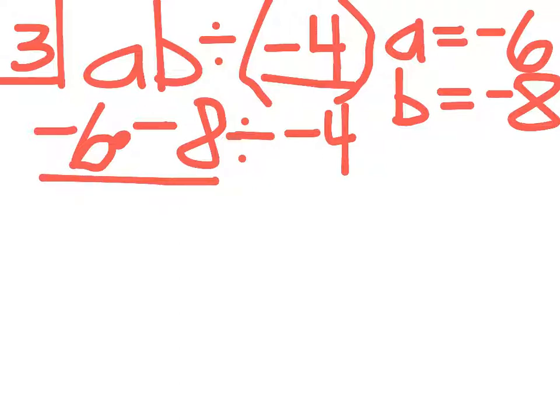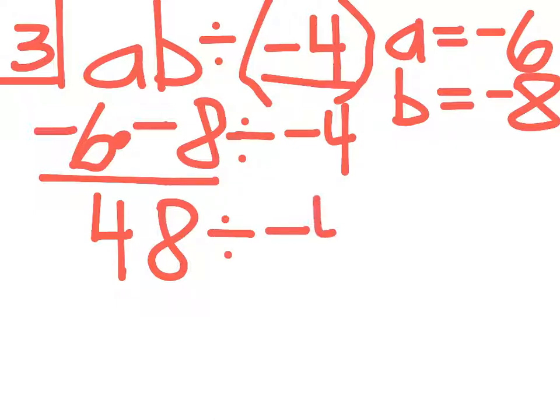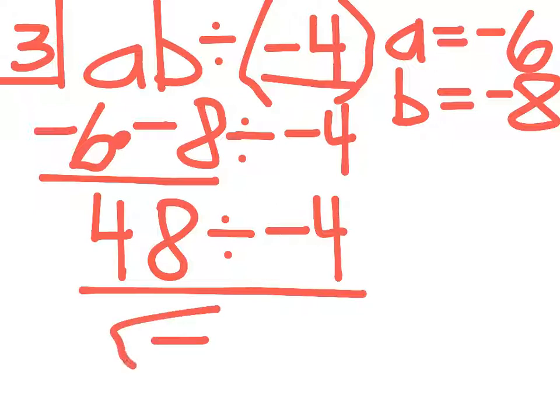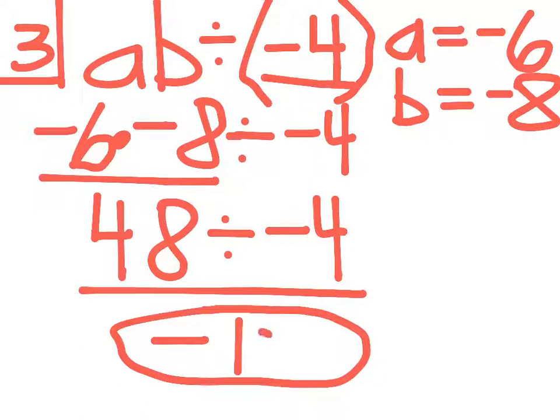Negative times a negative is positive, and 6 times 8 is 48. So that's 48. I'm going to drop down the rest. As you can probably notice here, there are a couple steps you could do at the same time. We end up dividing by negative 4. But 48 divided by negative 4, there's only one negative on this one, so my answer will be negative. And 48 divided by 4 is 12. Okay, negative 12.